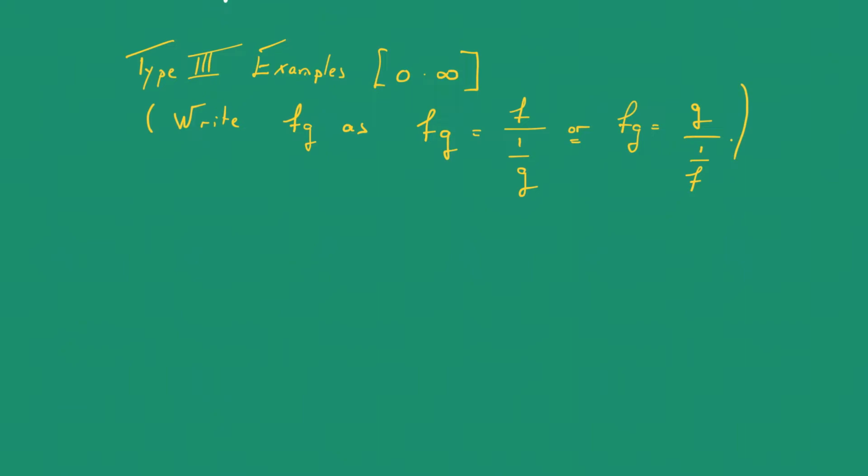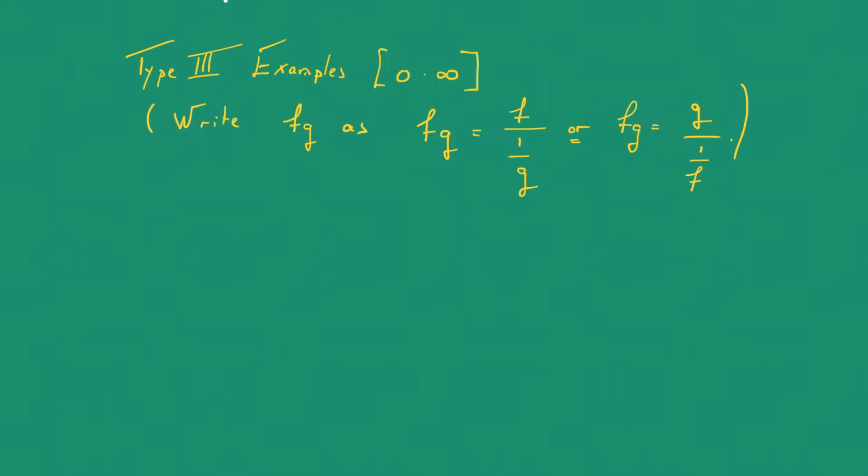Well, now we want to do some examples of the indeterminate form 0 times infinity. So remember, this is indeterminate. It's not necessarily 0. It's not necessarily infinity. It could be 0, could be infinity, or it could be any real number at all.